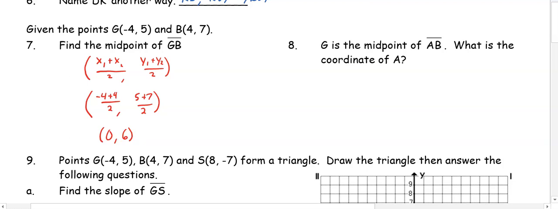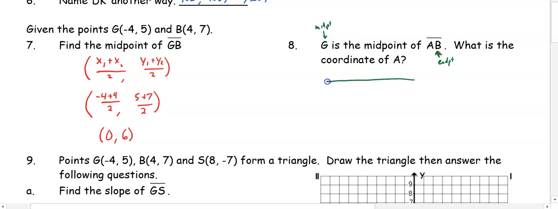Now, in number 8, we're switching. G is the midpoint of segment AB. We don't have an A up here, so that's why we're going to find coordinate A. So remember that B here is our endpoint, and G in this case is our midpoint.